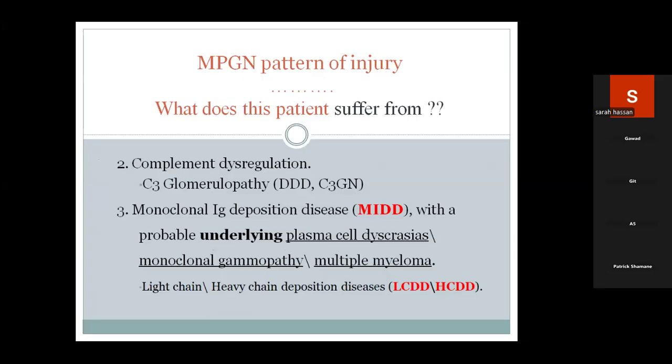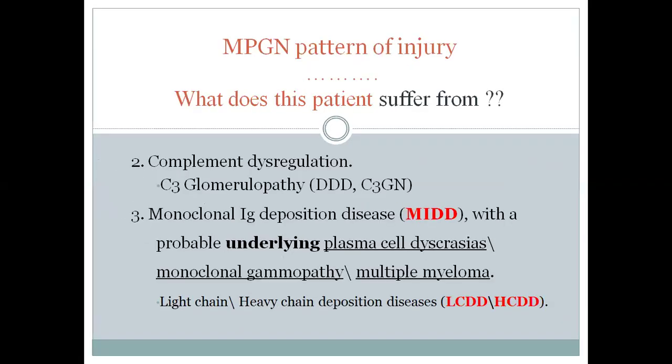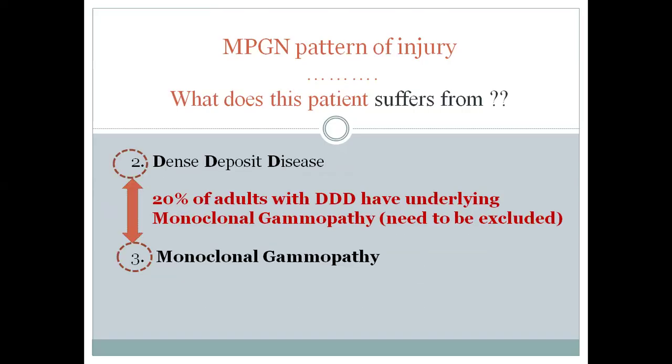In this case, the monoclonal proteins will be found in the biopsy. So there is an interaction between dense deposit disease and monoclonal gammopathies in a subset of patients. If you have an adult patient with dense deposit disease, you should exclude the presence of monoclonal gammopathies, whose proteins were not detected in the renal biopsy but just triggered the complement pathway. I hope this point is clear.